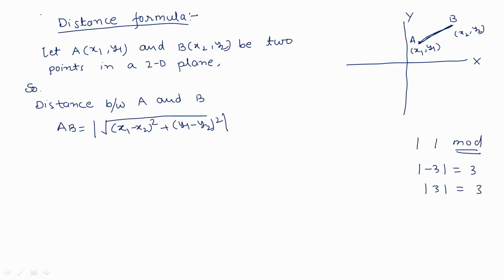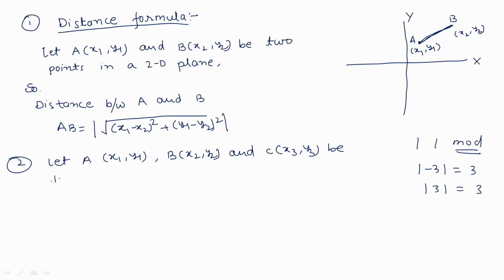This is your number first. Number second, let A (x1, y1), B (x2, y2) and C (x3, y3) be 3 points such that all three points are collinear.